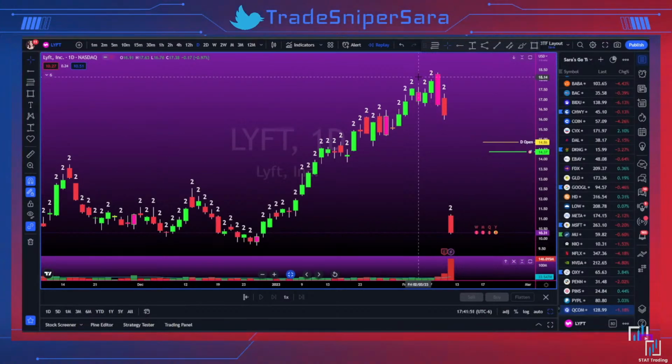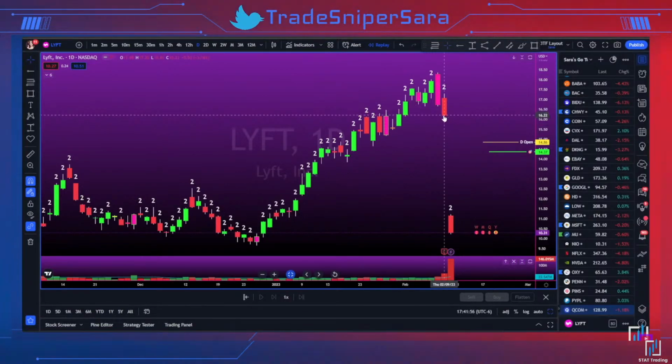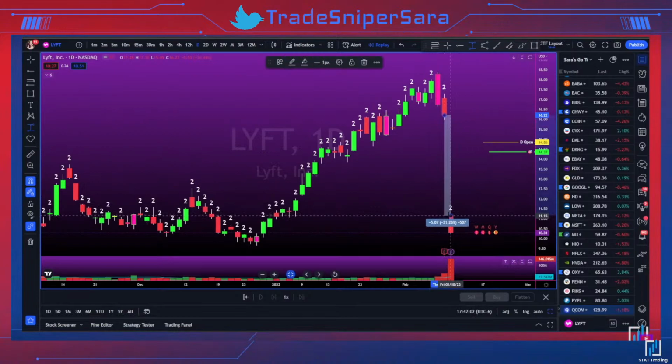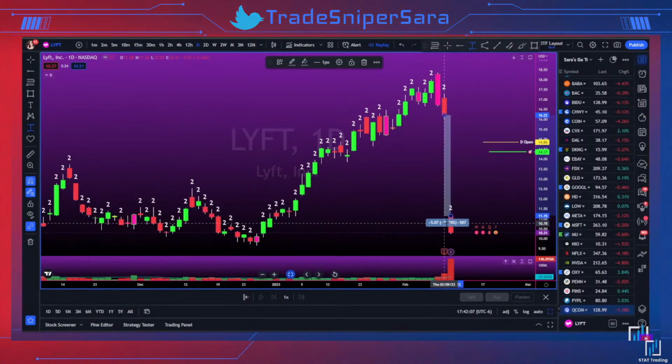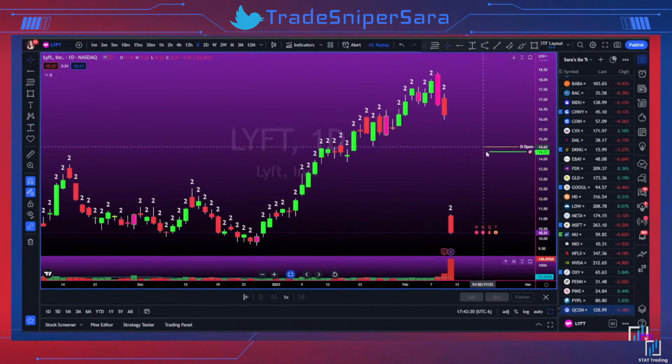So Lyft on the day had earnings, gapped way down. So we closed here at 1622, and we opened here at 1115. This was a 31% drop. So what do we want to do?